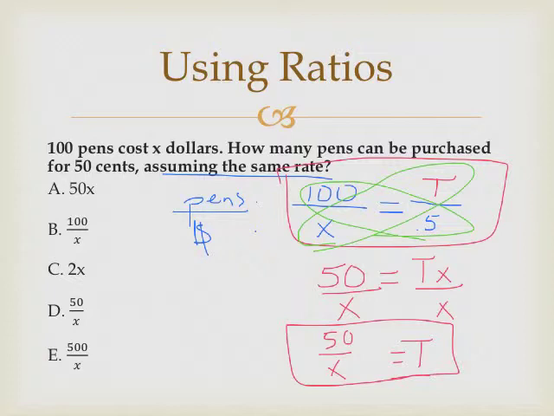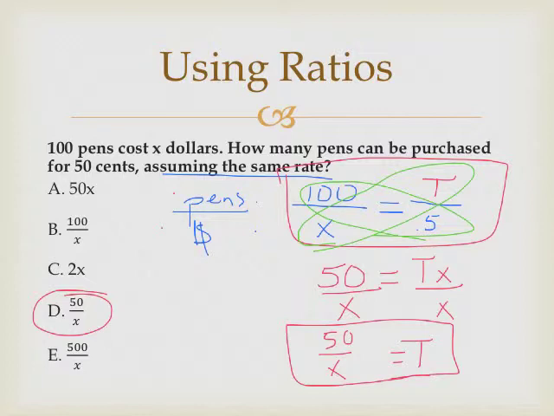for 50 cents. Okay? In the context of the problem, I'm not sure if I understand what that means, as far as how many pens we're actually talking about, but it doesn't matter, because we've been able to come up with an expression that works, it shows up in our list, and we know that it's correct because we've set it up following a ratio of our choosing.